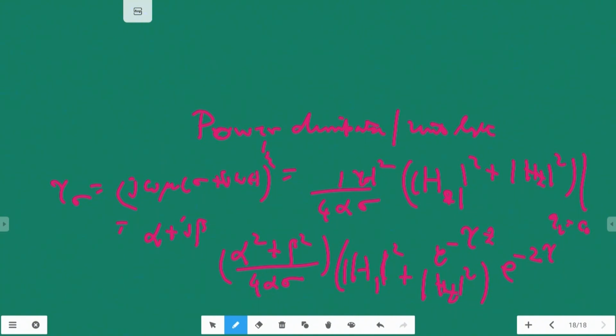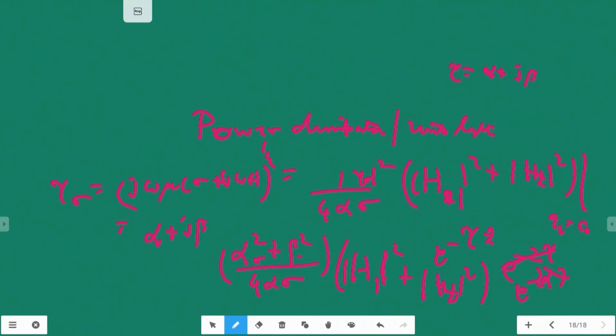In the case of an attenuation, you are assuming that gamma is purely real, looking only at the non-propagating mode. In the general case, you will take e power minus 2 alpha z, if you write gamma as alpha plus j beta within the guide, not to be confused with alpha and beta within the conductor.